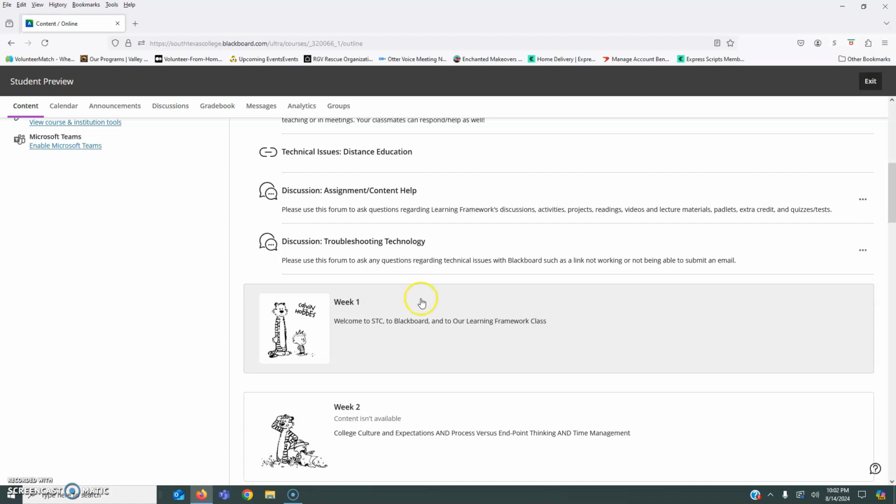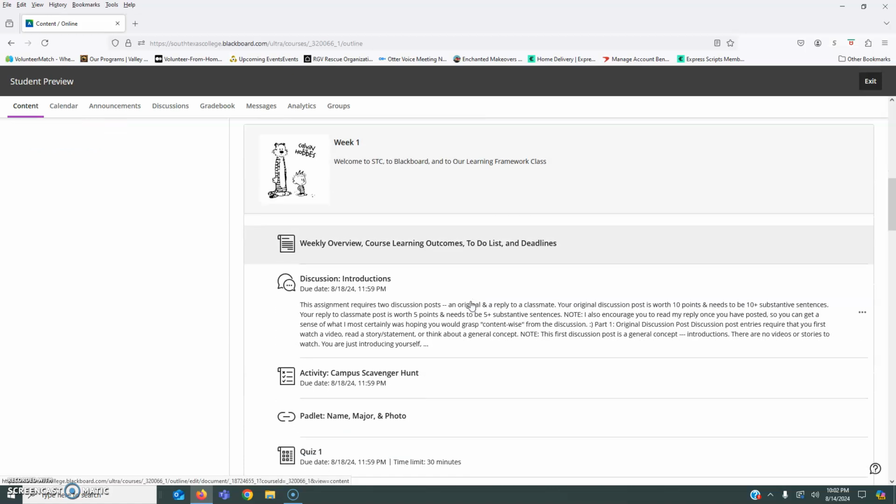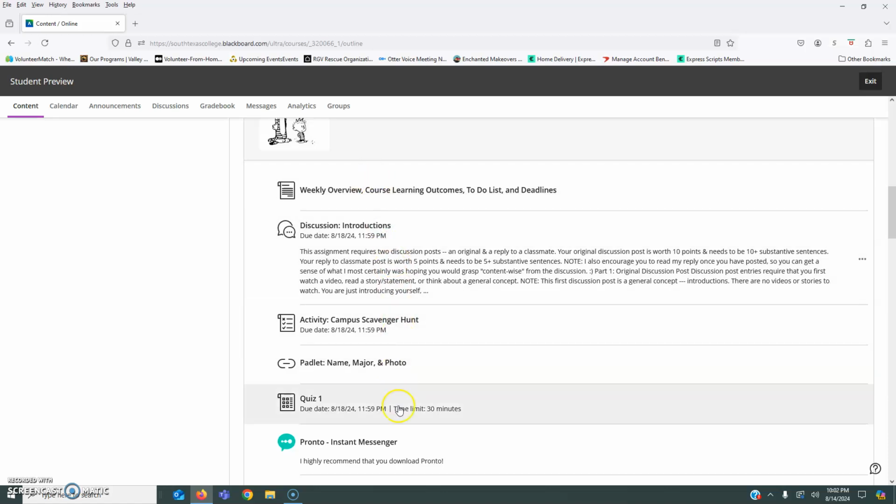So right now, let's open the week 1 folder. When you do that, a lot of information is going to emerge. Any particular week when that information emerges, you are always going to want to start by opening the document called Weekly Overview, Course Learning Outcomes, To-Do List, and Deadlines.